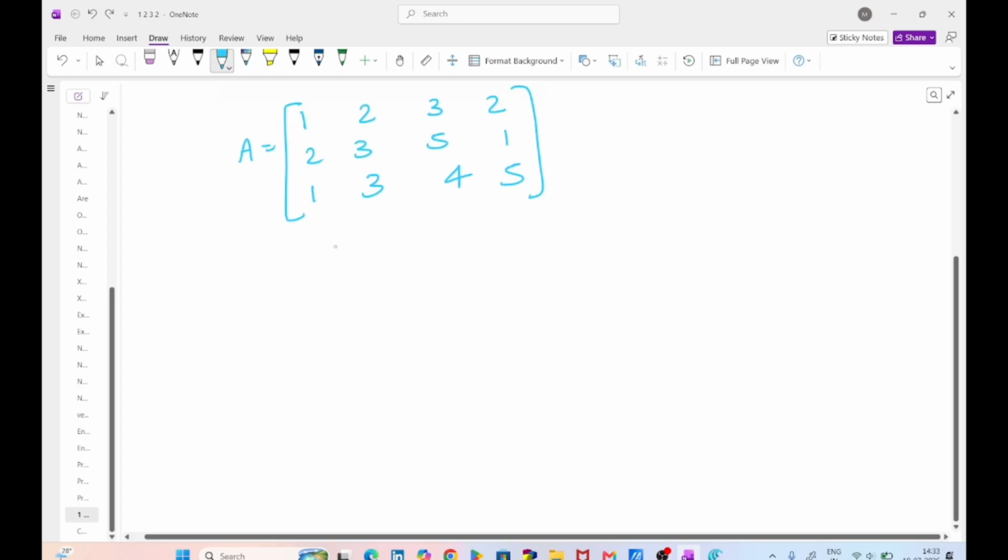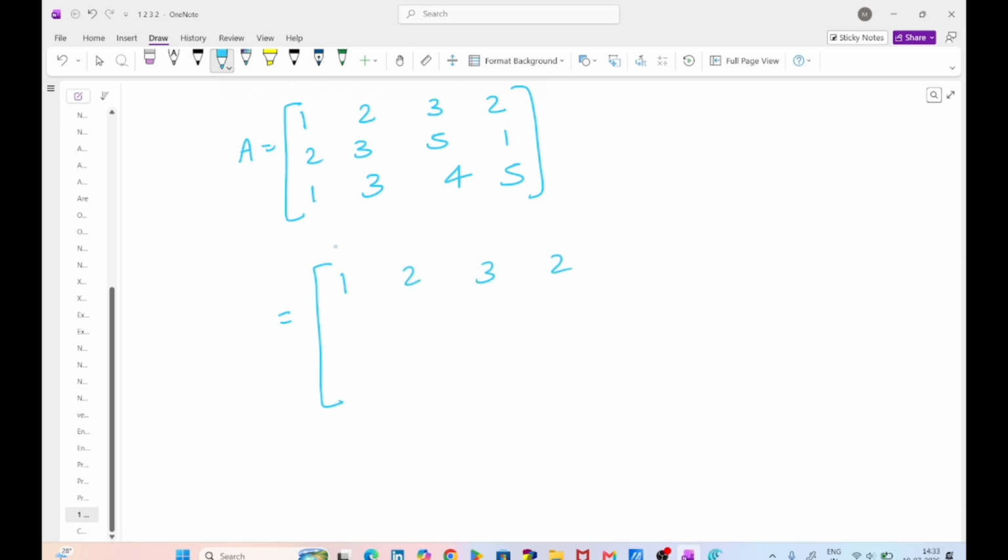Let's write the first row as it is: 1, 2, 3, 2, R1. Then R2. We need to make this 2 as 0. For that, we do R2 minus 2 R1. We know that 2 minus 2 is 0.